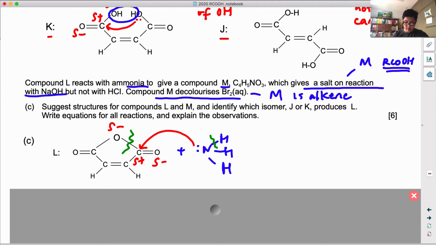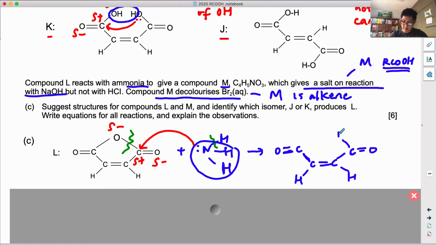So let's draw the structure then. You will end up getting OC, CH double bond CH, and this carbon becomes CO. Because you can see that this NH2 will join to this carbon, and if this H goes to this O here, it becomes COOH.